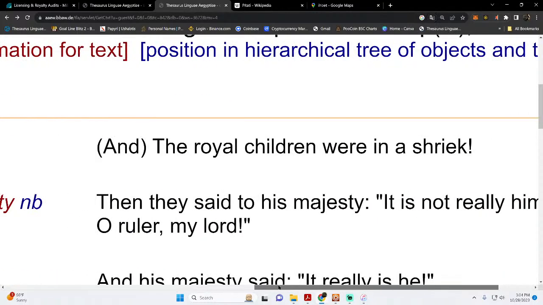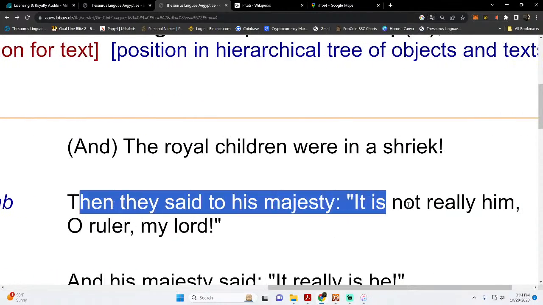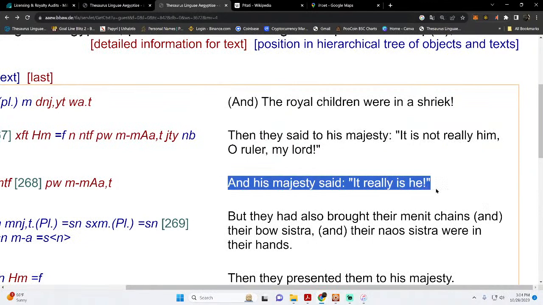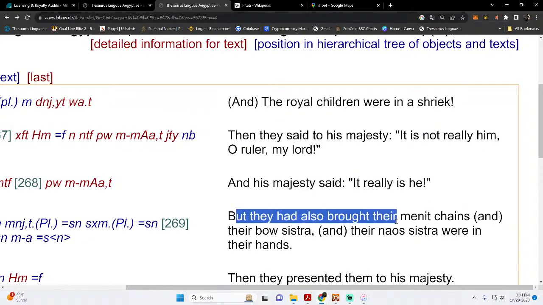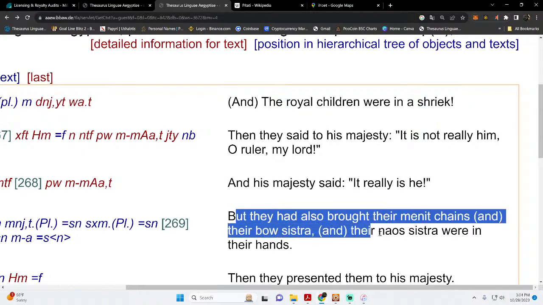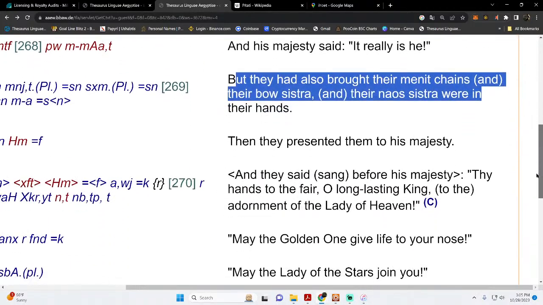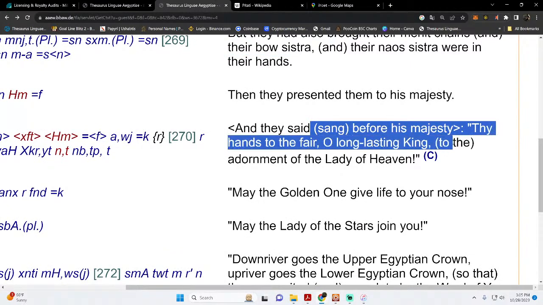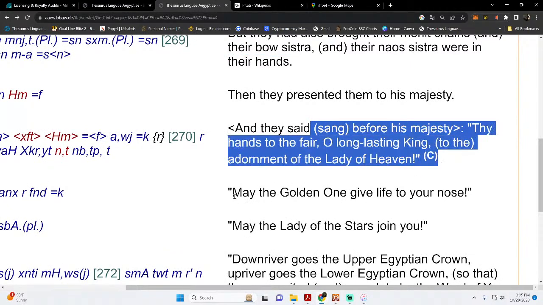So that's how bad they were questioning Sinuhe, because he came back looking like a damn Asiatic. And then His Majesty said, it is. It's really him. But they had also brought their minute chains and their instruments were in their hands. Then they presented them to His Majesty, and they said, before His Majesty, thy hands are fair, long last the king adorned, blah, blah, blah.